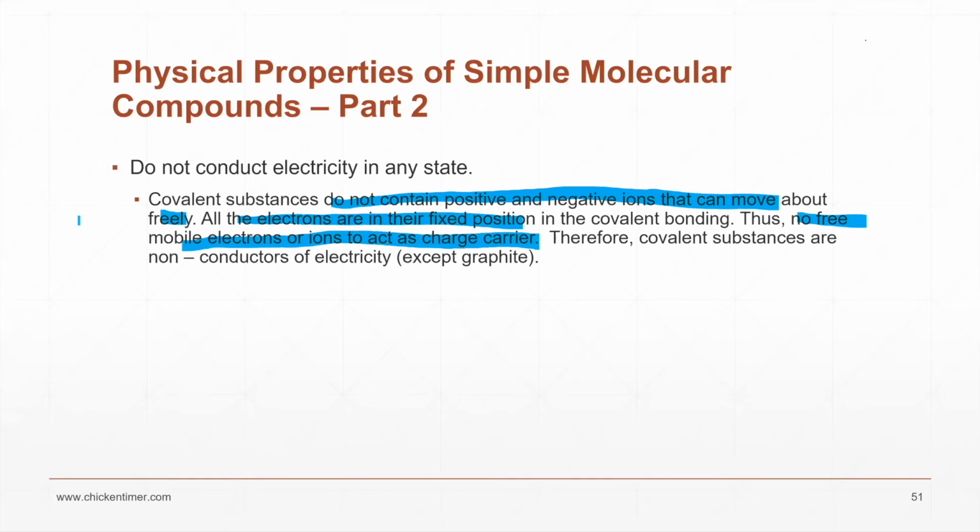When they ask you why the simple molecular compound does not conduct electricity, you write this. The highlighted ones are the essential things that you must include. If not, you get your points cut here and there. Okay?